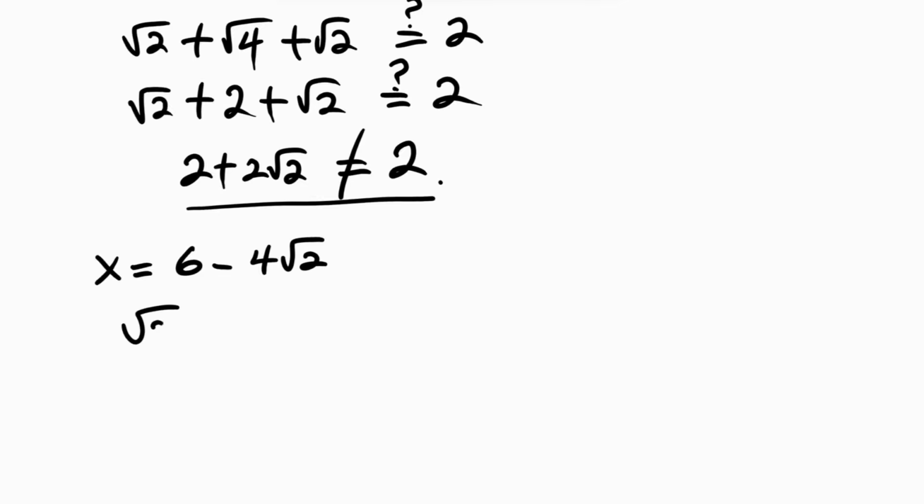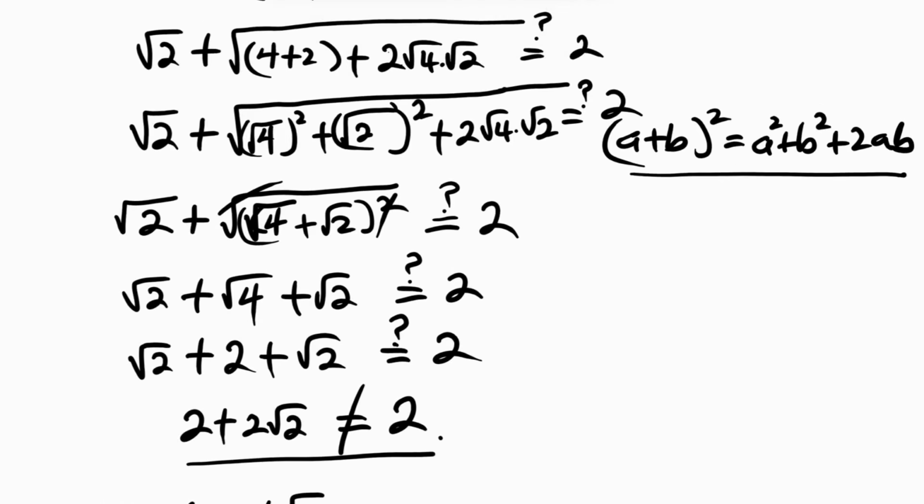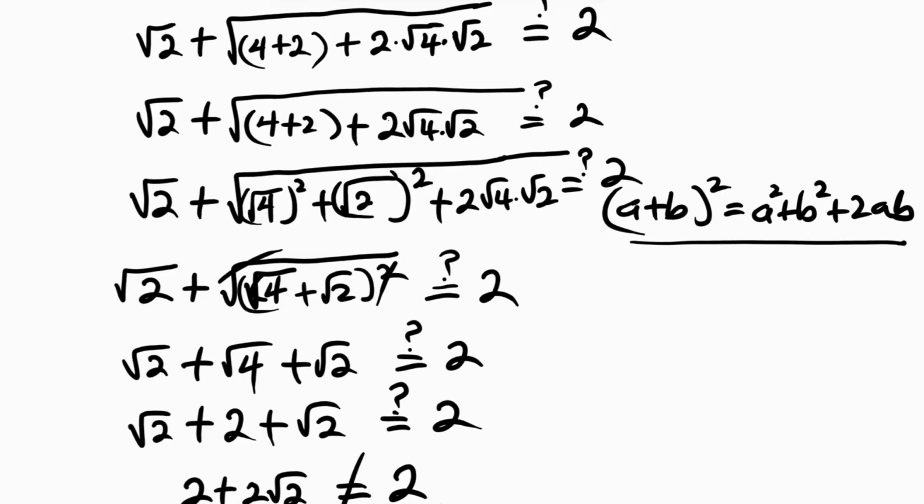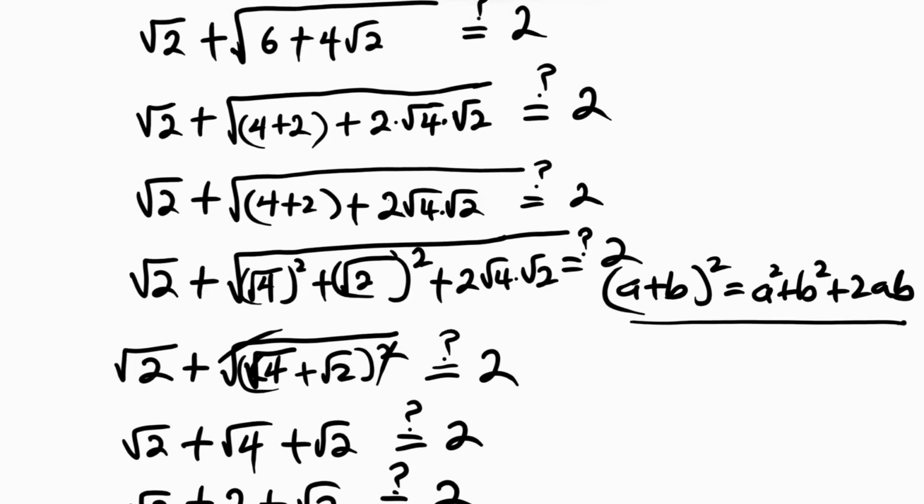Our equation is root 2 plus root x. We're trying to see if that is going to be equal to the value of 2. Okay, so let us jump straight into halfway of the first solution, because the only difference here is just the plus sign and the negative sign.